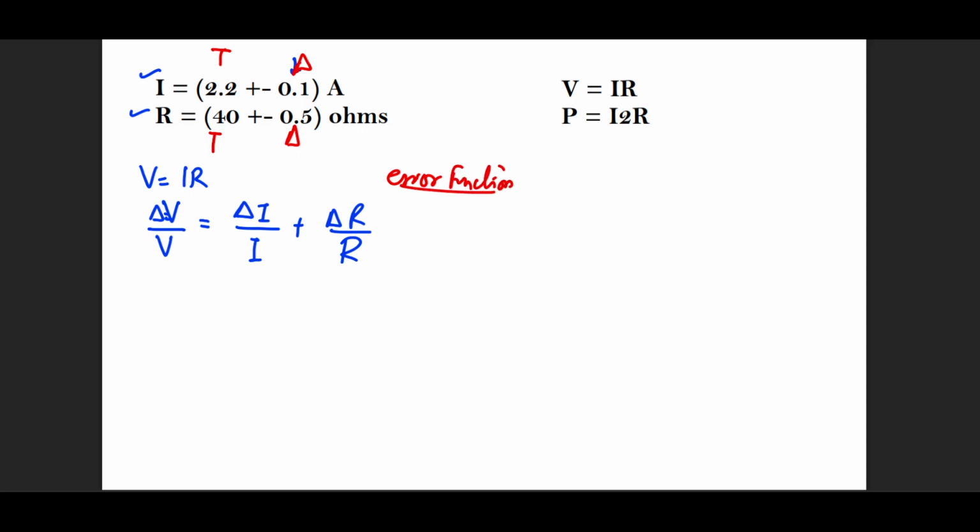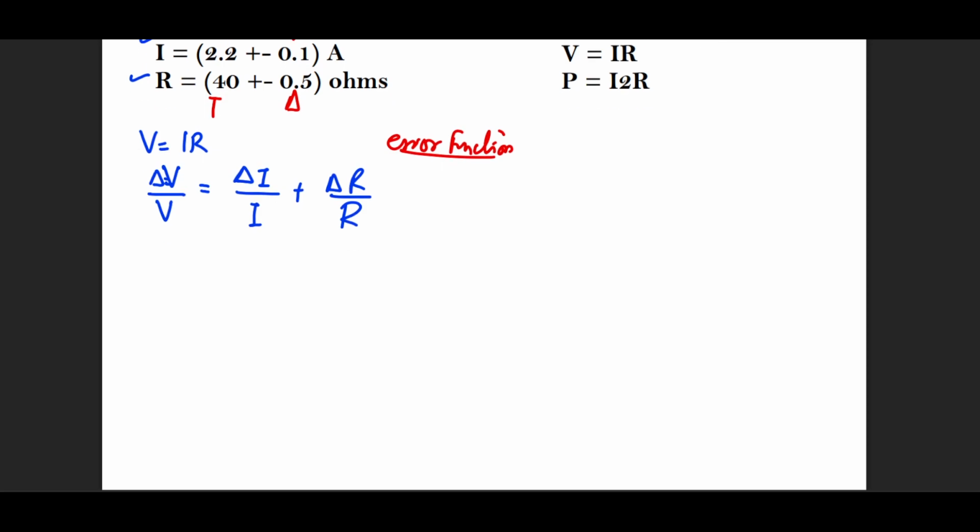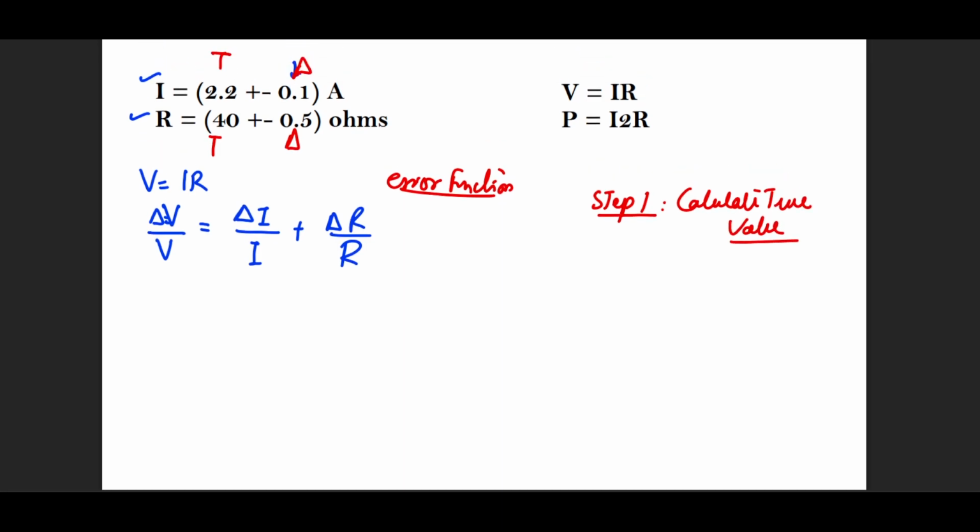Okay. How do we deal with this? Step one, the simpler step, would be to first calculate the true value, the calculated answer. What do you get by multiplying I and R, which is 2.2 with 40?